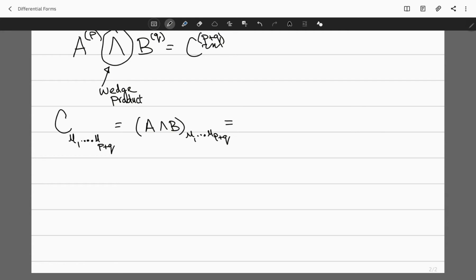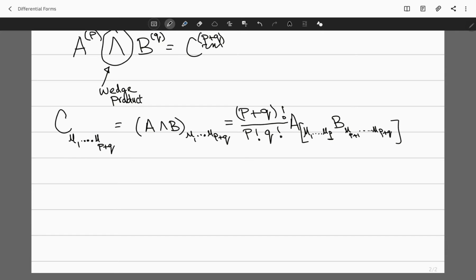And then this is defined as (p+q) factorial over p factorial times q factorial, A with mu 1 up to mu p, and then we have B with, now it ended at p, so it should start with p+1, and it goes up to mu p+q.